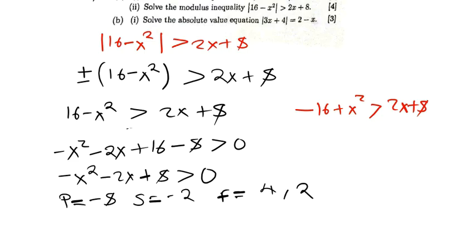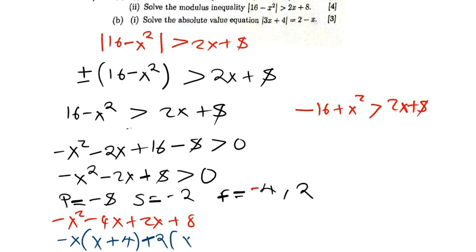Which one should be negative and which positive? If we make it positive 4 or negative 4, that is going to work. So negative x squared minus 4x plus 2x plus 8, and then we factorize that. We bring out a negative x for the first part, remaining with positive x minus, that's now positive as well, positive 4. And if we put a 2 there, we have x plus 4 as well, and this is greater than 0.